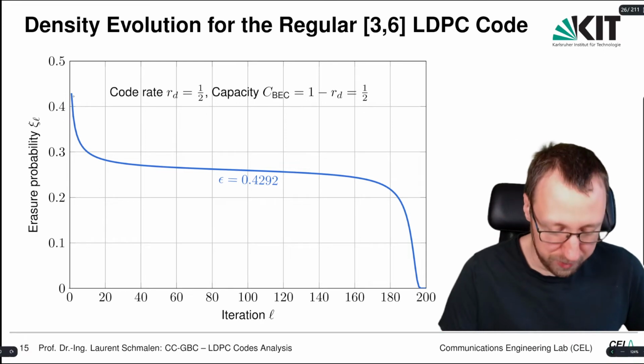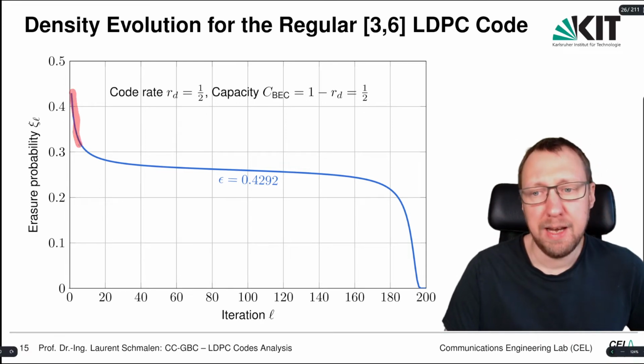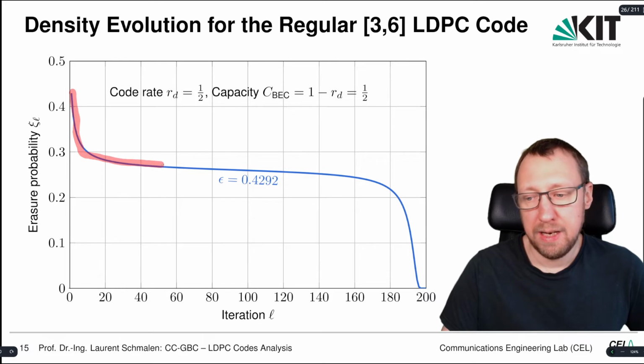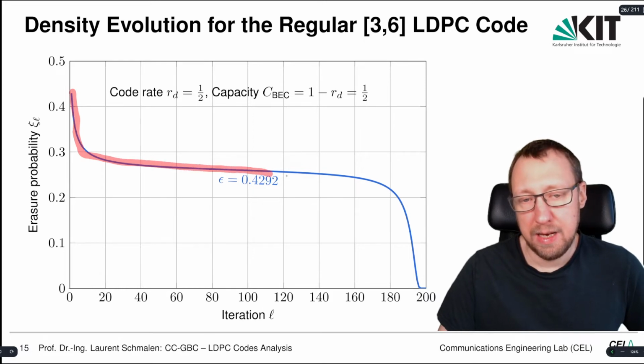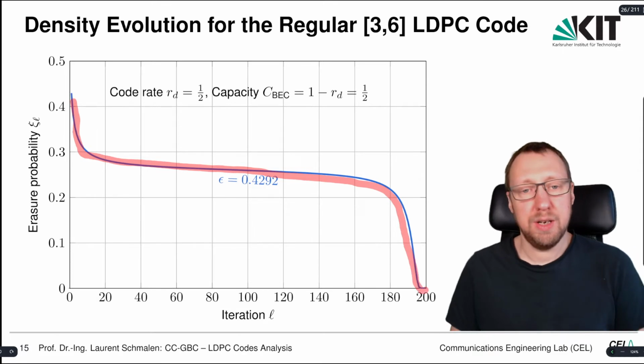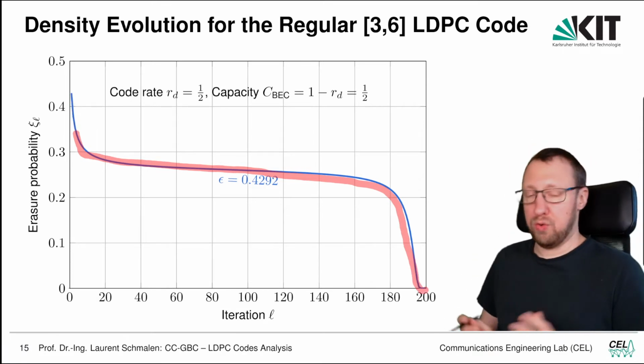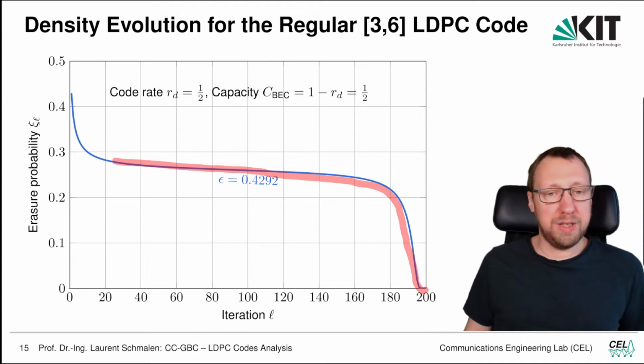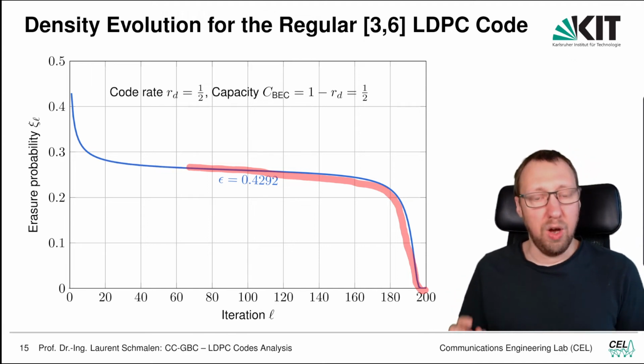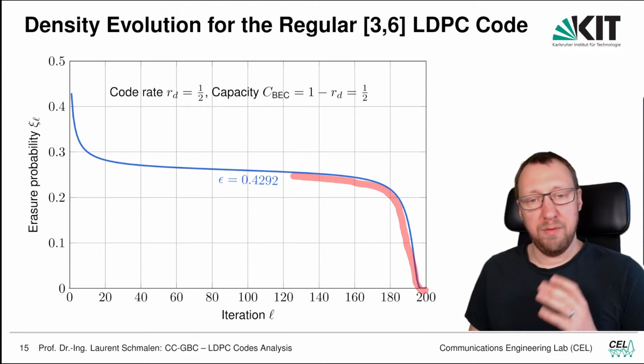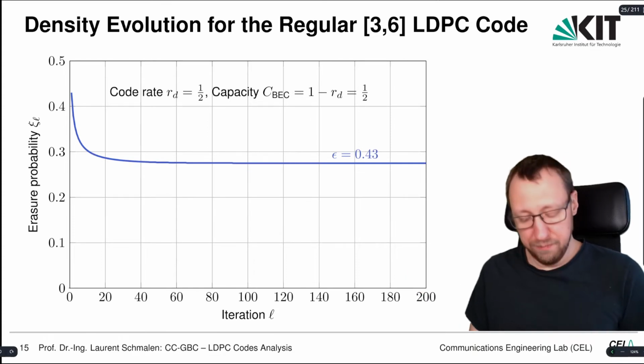So let's decrease a little bit further, 0.4292. And what we see here is we have a steady decrease, and eventually we will reach 0. 200 iterations, we have reached 0. So this code converges. For epsilon equals 0.43, we get stuck.